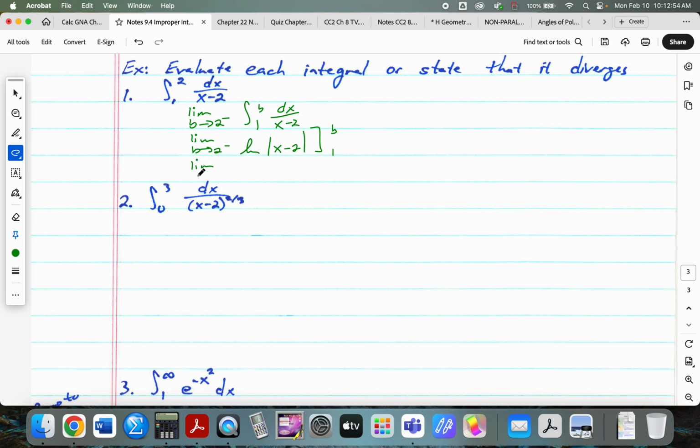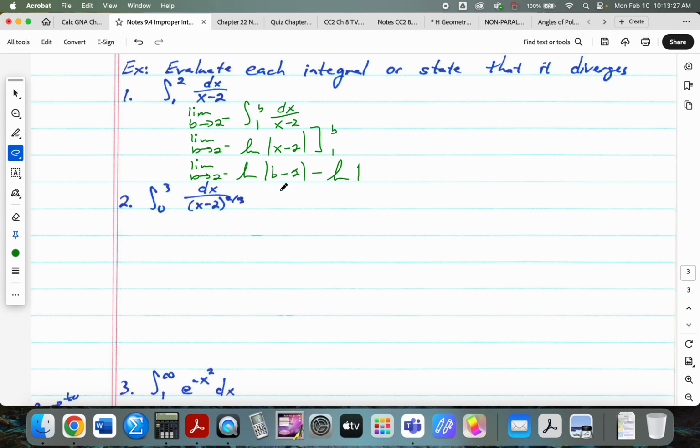So that's the limit as b goes to 2 from the left of the natural log of the absolute value of b minus 2, minus the natural log of 1. All right, so now we're stuck. The natural log of 1 is 0, so we're just stuck with this part.